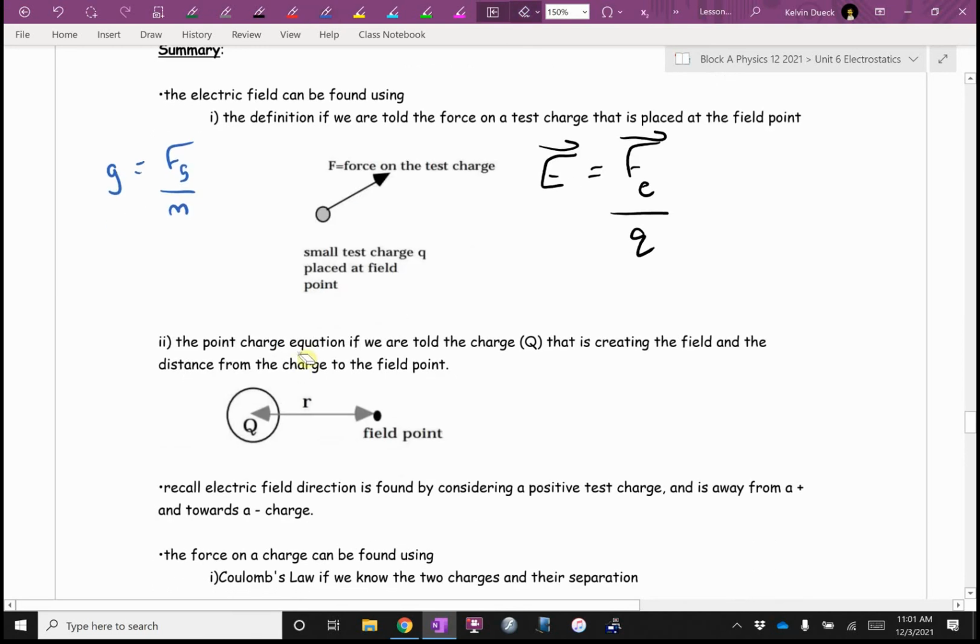It can be found using the point charge equation. If we know the size of the planetary charge that's creating the field, that's going to look like this. Electric field equals K big Q over R squared. That's very much like gravitational field equals big G big M over R squared.